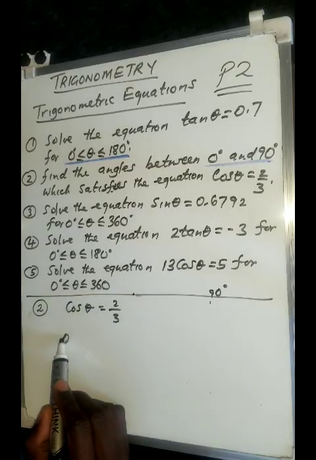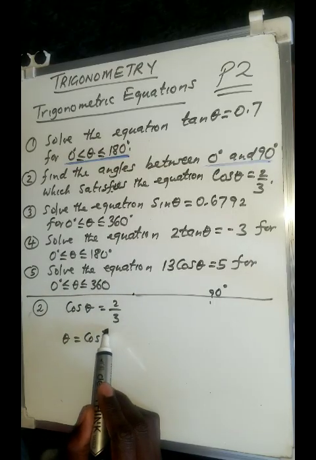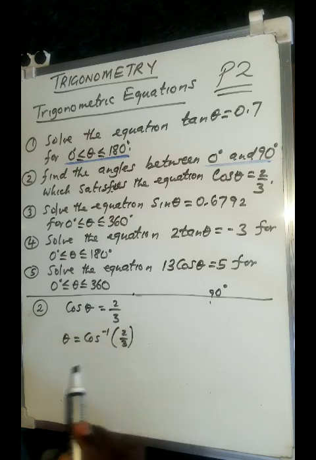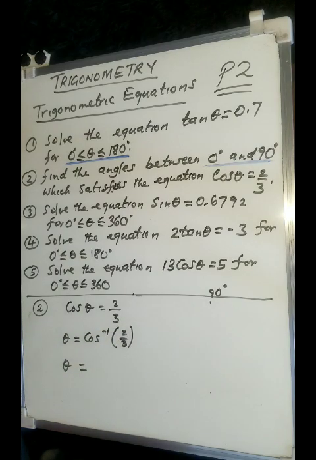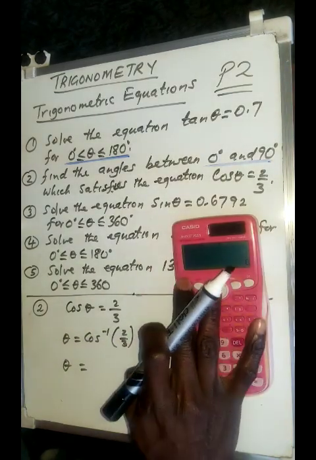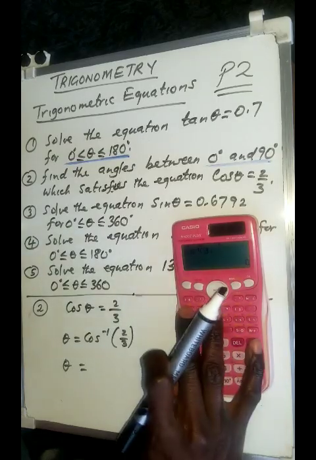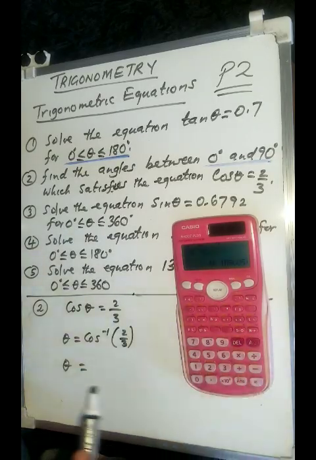So get the angle in the first quadrant. That would be cos inverse of 2/3. So theta would be, to one decimal place, 48.2 degrees.